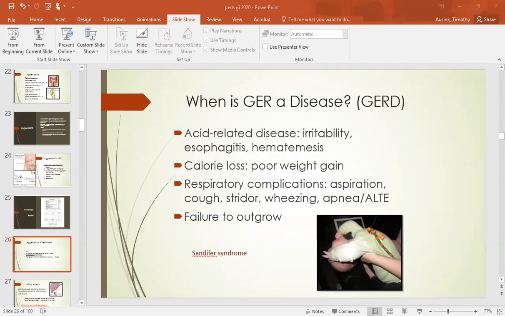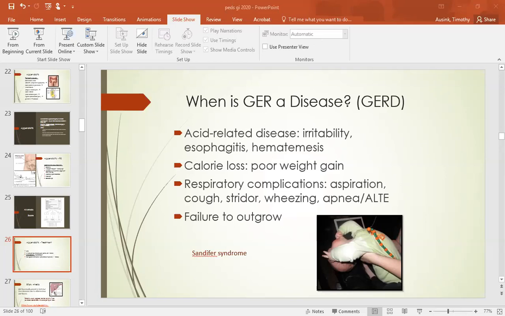All right. So when is GERD a disease? When does GERD become GERD? Okay. So this is the Sandifer syndrome. If there's acid-related disease, irritability, esophagitis, or hematemesis, that is all indicative of disease. If they're having poor weight gain, if there's respiratory complications such as aspiration, cough, stridor, wheezing, or apnea.